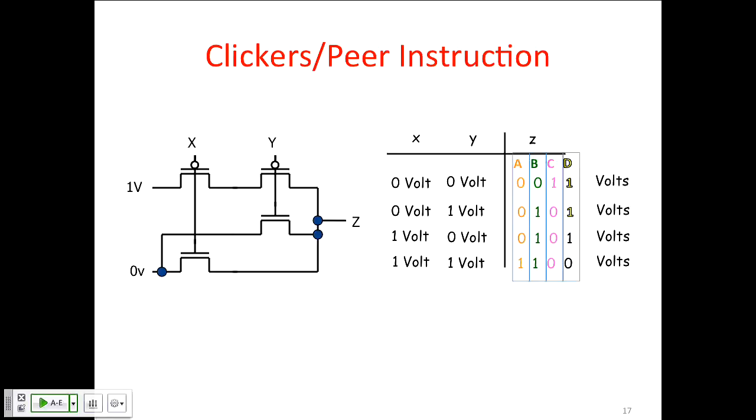So here's a different logic circuit. You basically have to say, what does this one do? There are 4 choices, A, B, C, or D, over on the right-hand side. So figure out what's the right combination of outputs that this circuit will generate.